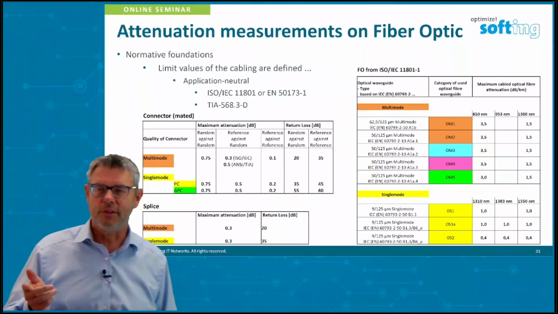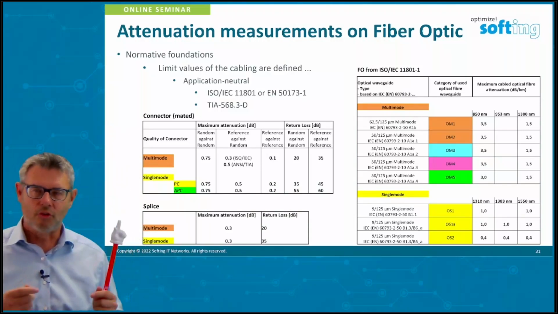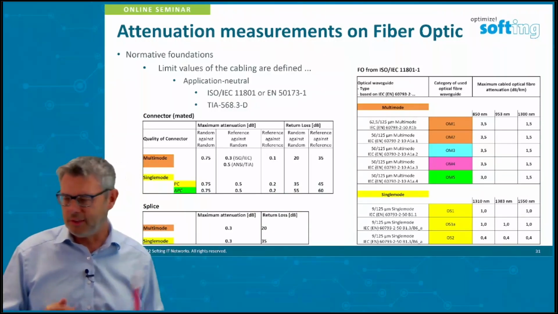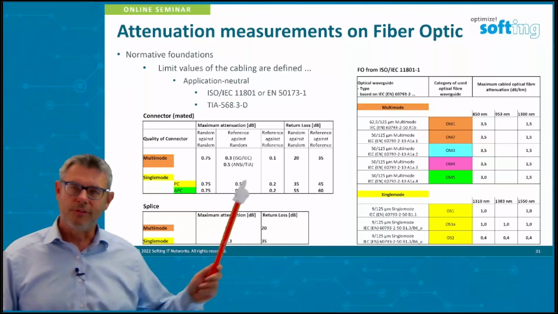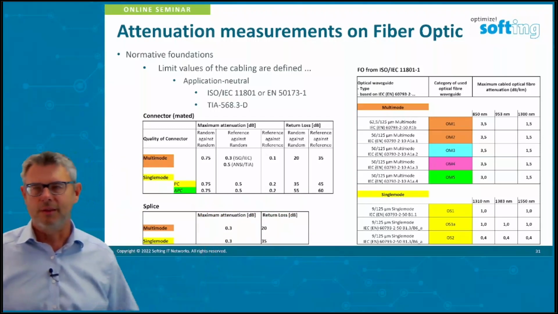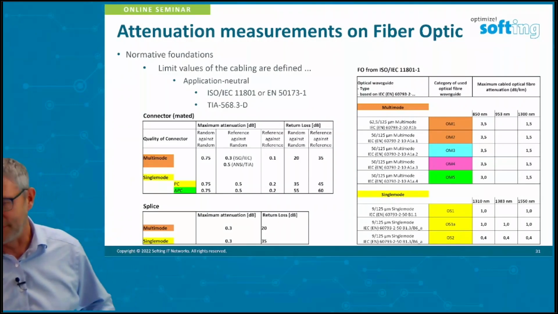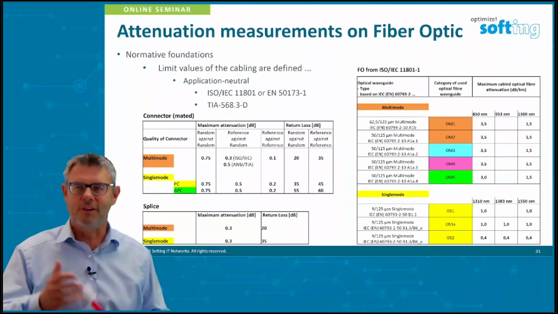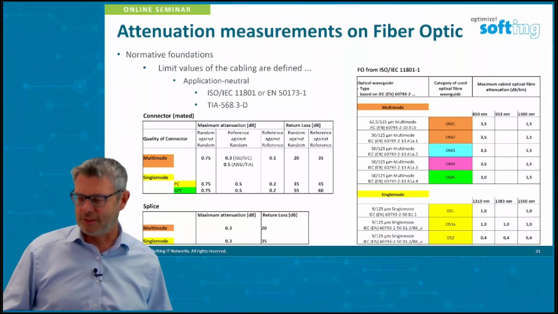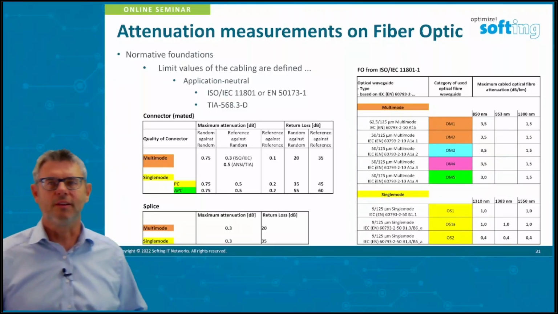Where do we need reference connectors? In test cords. So we have to make sure that the test cords are really of highest quality. And if we connect a reference connector together with a standard connector, we are at 0.3 of a dB, or 0.5 in the ANSI TIA. It's a little bit of a moving target at the moment. These fiber standards are just being reworked worldwide.